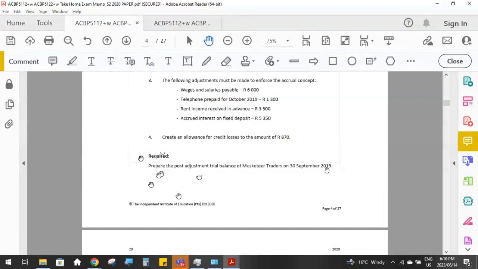Okay, so remember also, I've said to you before when we were revising the previous exam paper that when you are sitting down, first of all, with your paper, you must read through the questions and look at the required and decide for yourself which of these questions you know really well, that you've practiced really hard and can do quickly, and then you're going to do those questions first.